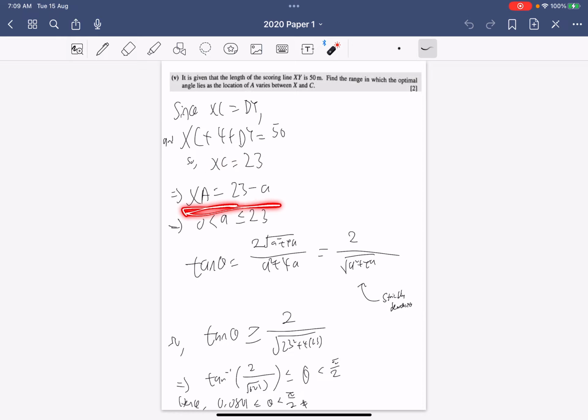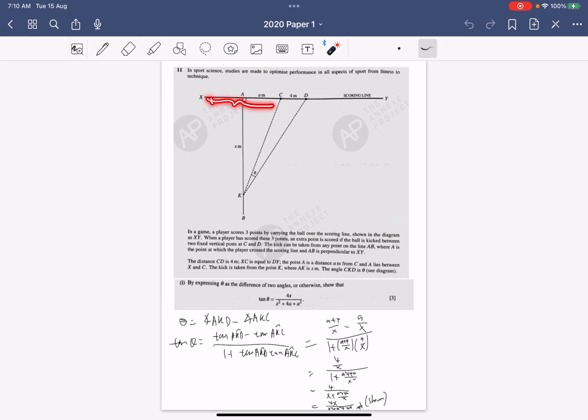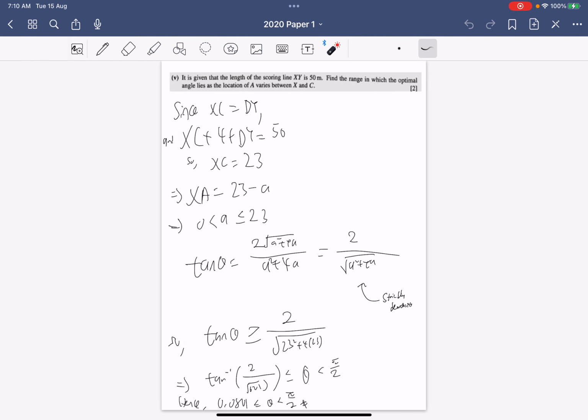Then we know that XA now is 23 minus a, because this whole part is 23, then you minus away this part. So we know a has to be between 0, since it's positive, and 23, because XA also has to be positive. So it can't exceed 23. So we got one condition for a already.